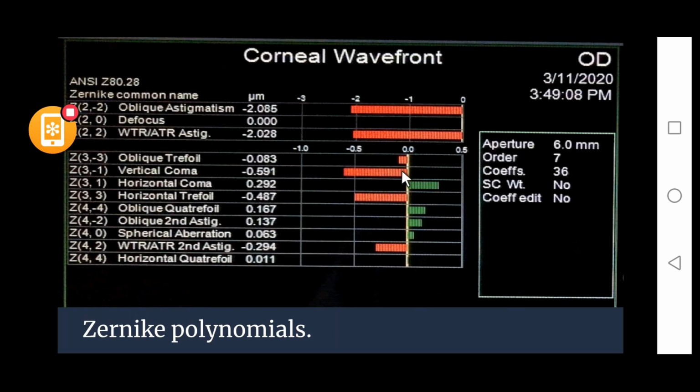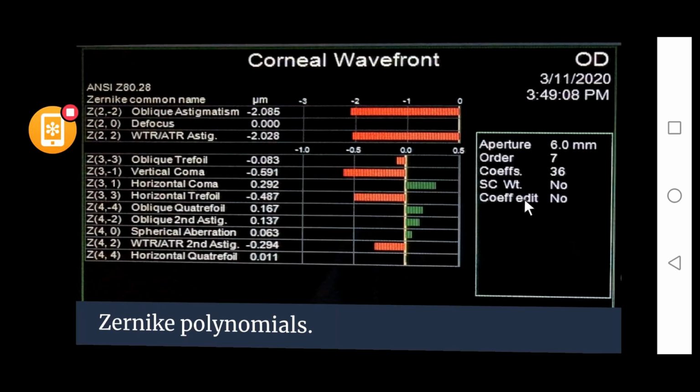We won't be going into too much detail about it, but one thing we need to remember is the vertical coma. Whenever you see high values of vertical coma, more than minus 0.16, it means you have to start suspecting some kind of an ectatic disorder, especially keratoconus. Right, so this is how it presents.